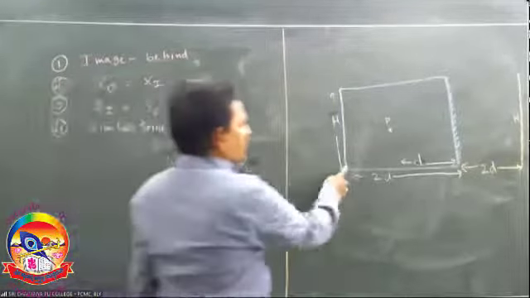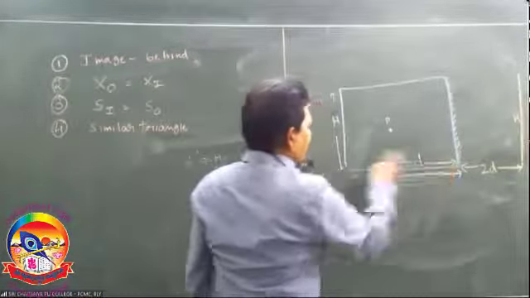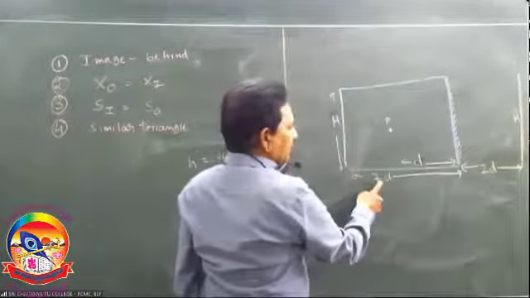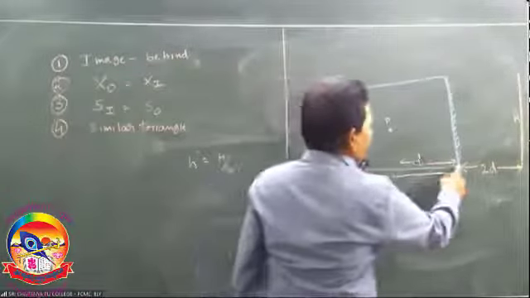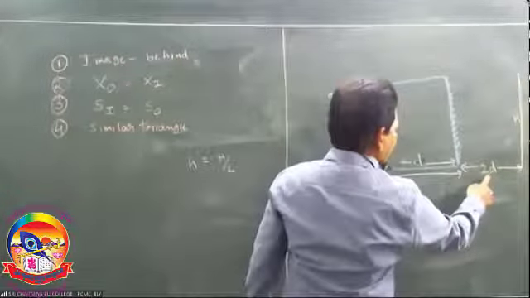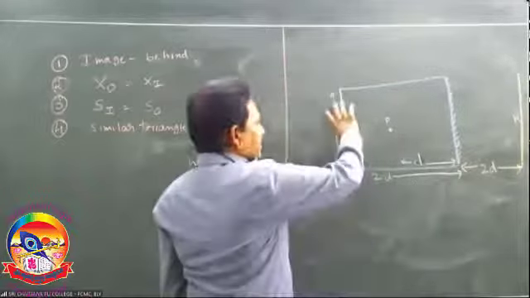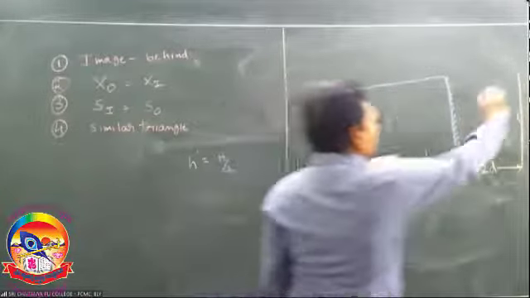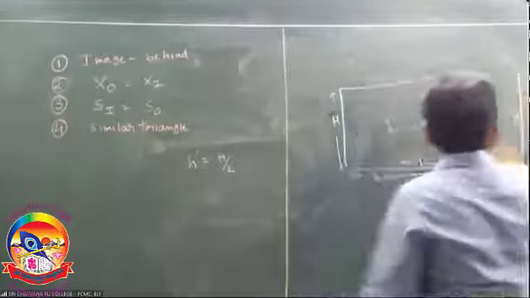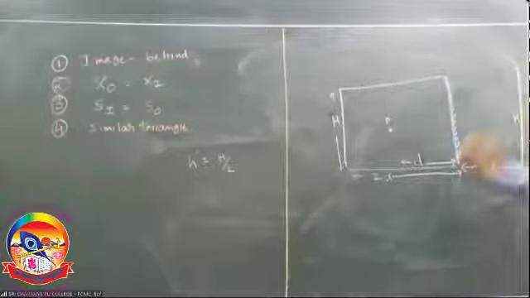This is the object now, in front of the mirror at 2D. The image will be formed behind the mirror at a distance 2D. The size of the object is equal to the size of the image.